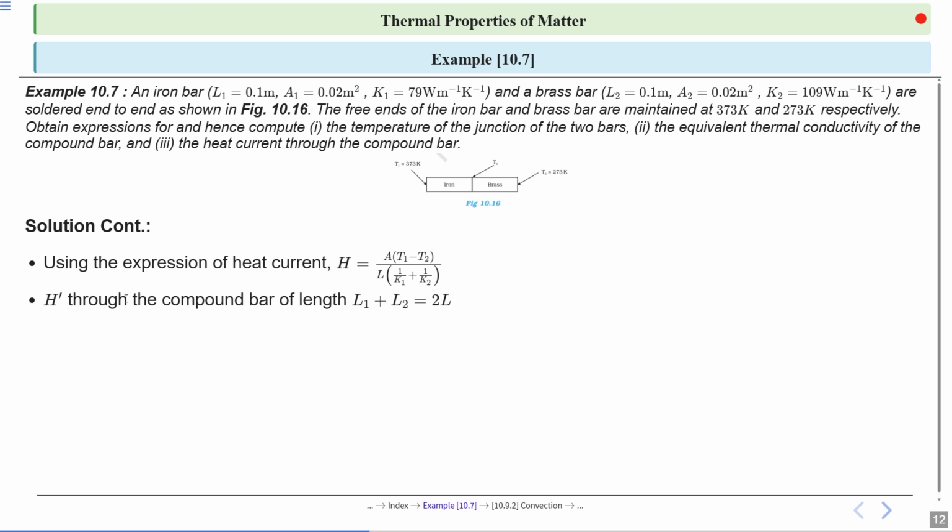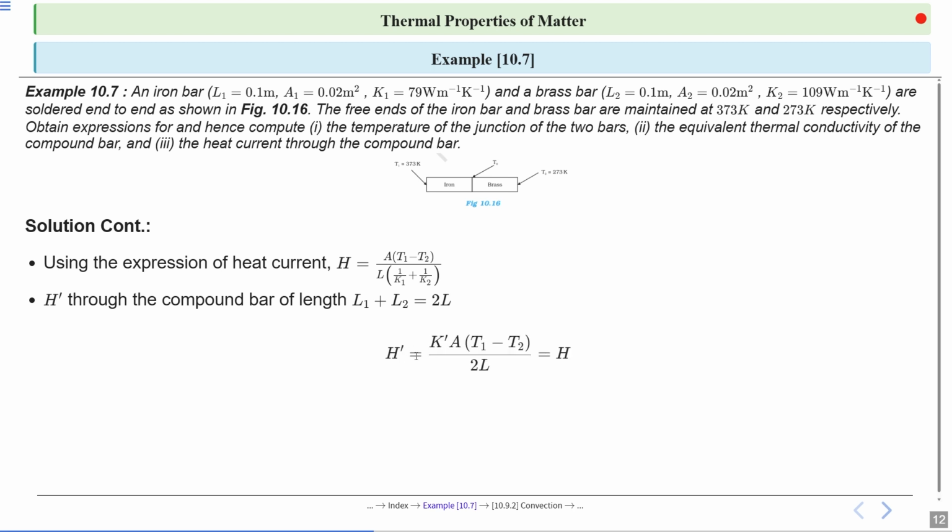H prime is the heat current through the compound bar of the length L1 plus L2 equal to 2L, because we know the length of the iron bar is L1 and the length of the brass bar is L2. But both lengths are equal, so we can say L1 equal to L and L2 equal to L. So L plus L is equal to 2L.